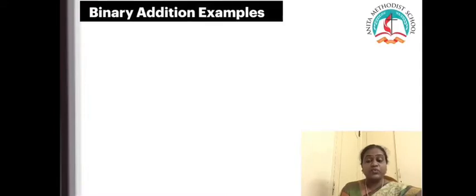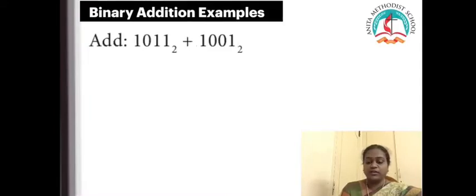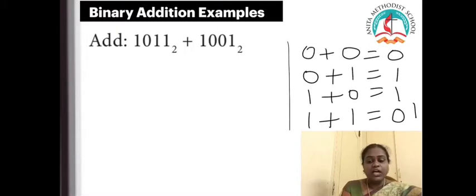I'm going to add 1011 plus 1001. This number is a binary number because the base value is given as 2. So before going into adding, I would like you to add these rules in your workspace so that it will be easy for you to refer to the rules and then work out the sums.